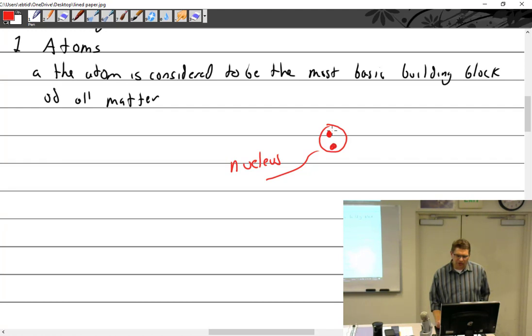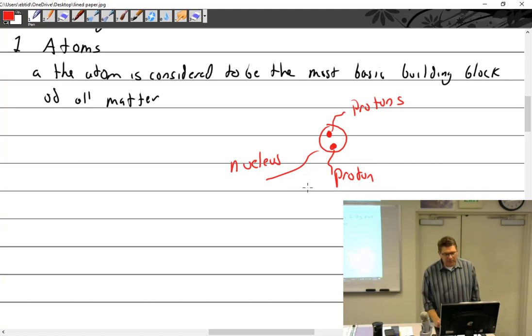Those are my protons. Here's another proton. So I have two protons. Not only do we have protons, we also have something called neutrons. I'm going to give myself two neutrons here. I'll make them green.